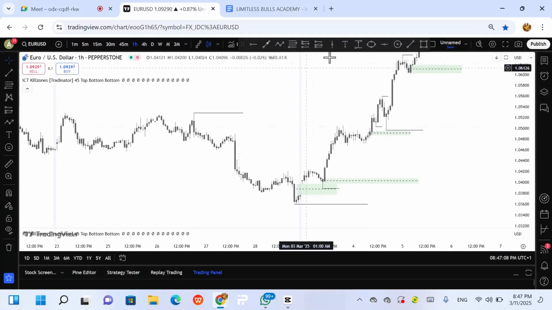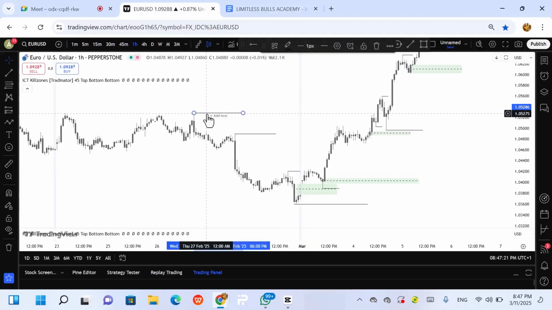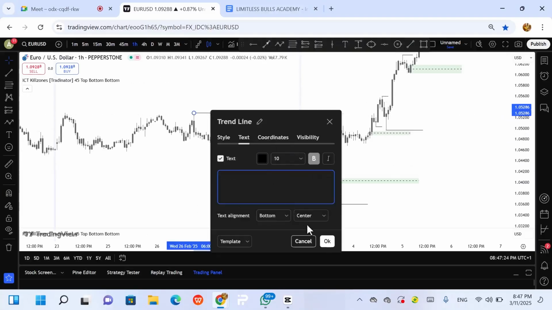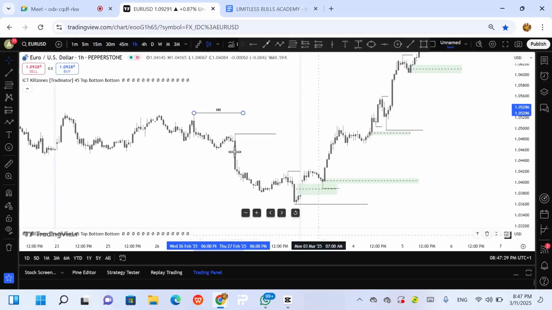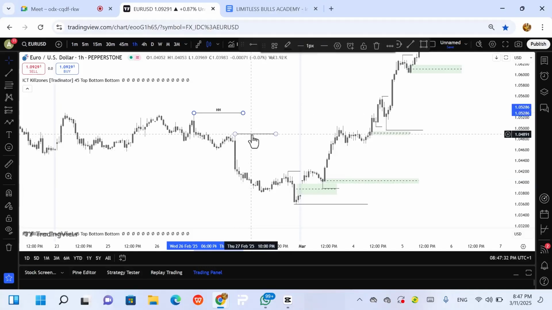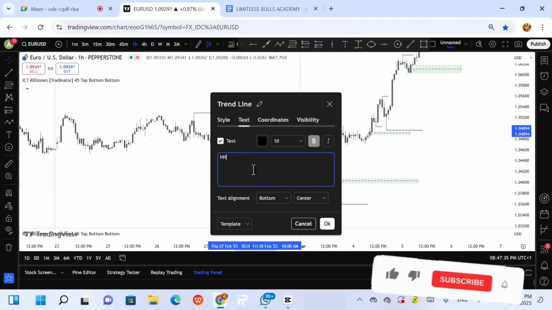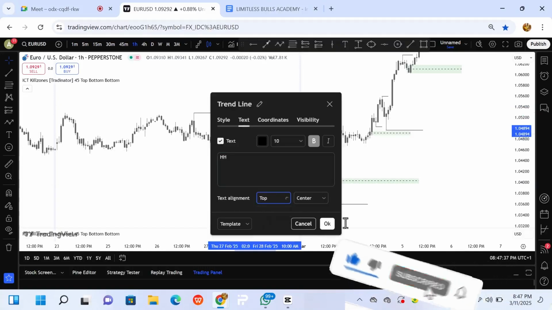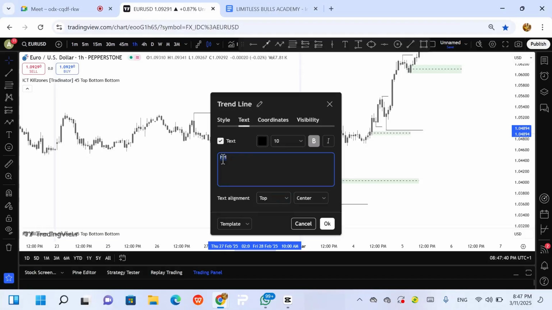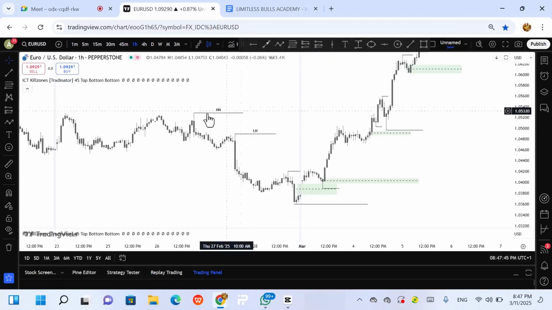So what is this now? We can call this a lower high. So what is this now? We can call this another lower high. So we can call this a higher high.